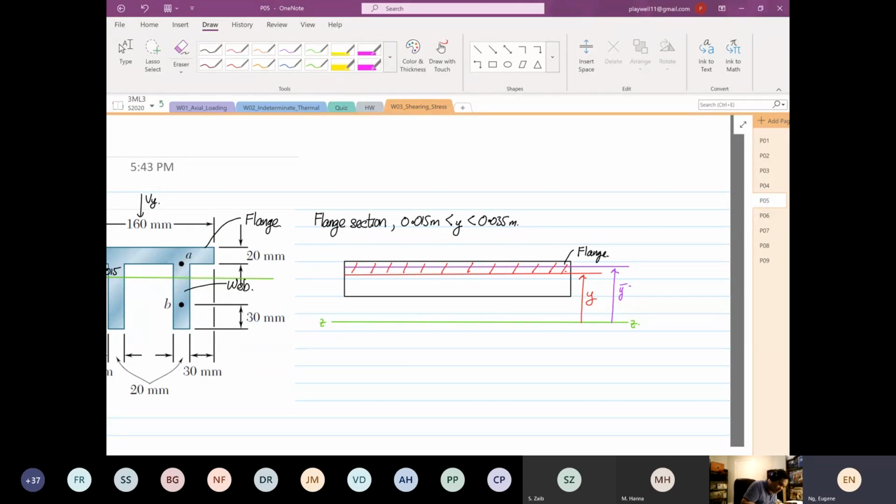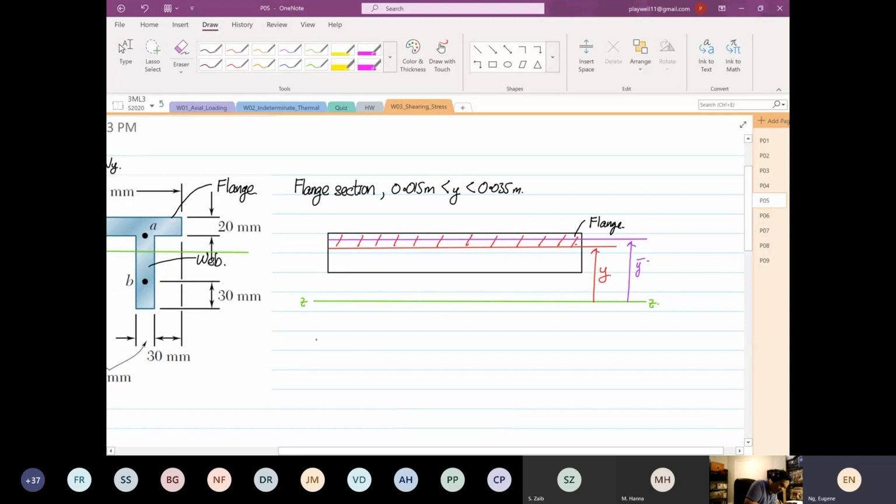So QZ, we know that the first moment of area will be in the Z direction. This is the QZ at the flange, where the limits are 0.015 to 0.035. So the area multiplied by y bar.